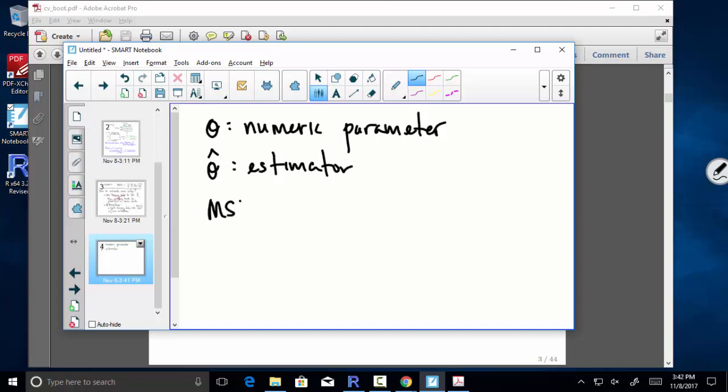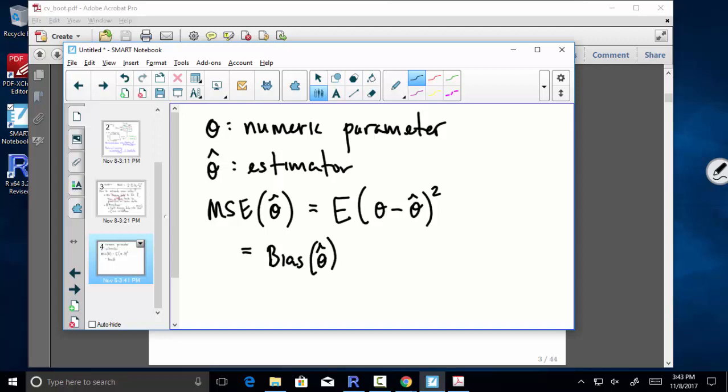a common way to characterize its accuracy overall is mean squared error. And as we've said, this is an average squared deviation. This is here written in terms of an expected value, so that's a theoretical average. And it turns out that the mean squared error of this equals the bias of our estimator squared plus the variance of our estimator.